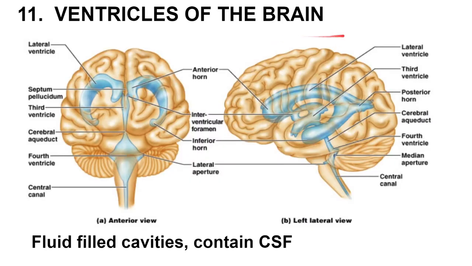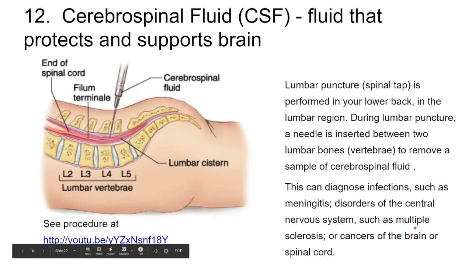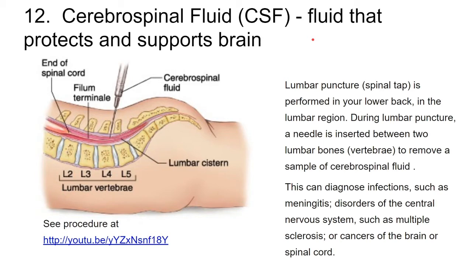The ventricles of the brain are next. These are going to be open cavities, and they're going to have the cerebrospinal fluid inside of them. The cerebrospinal fluid protects and supports the brain, so it keeps it from moving around too much and helps give it a buffer if the brain is moving around too much.